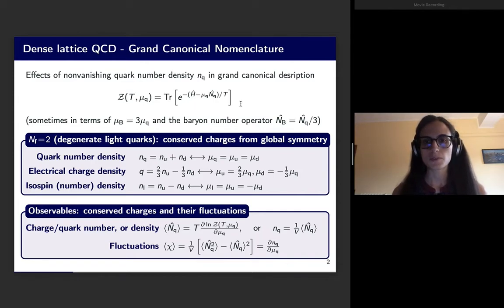And to this correspond different setups for the chemical potentials as highlighted in this box.